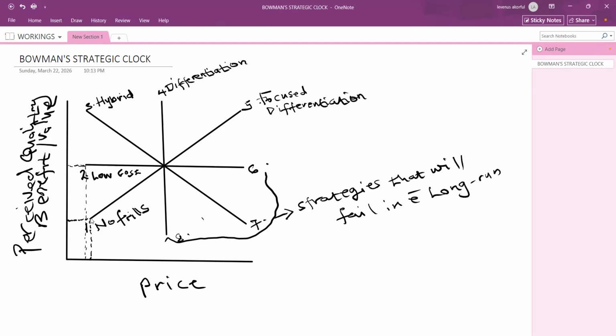And they are also efficient. They are not wasting time, labor hours, or materials. So they are very efficient in their operations, and so they're able to produce at an average perceived quality, but then sell it at a below average price.